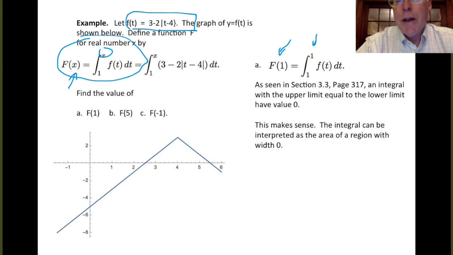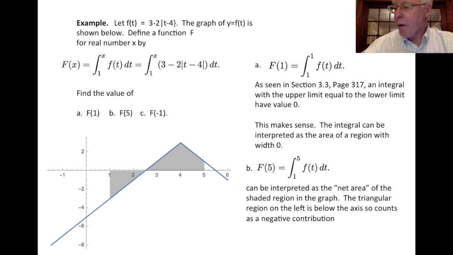Now, as we saw in section 3.3, page 317, one of the previous videos, an integral with the upper and lower limits the same, that was, I think, rule 1 on page 317, is defined to have value 0. And again, this makes sense because we can also interpret this as an area whose width goes from 1 to 1. So that'll just be a very thin area, a line of width, which is an area of region 0.